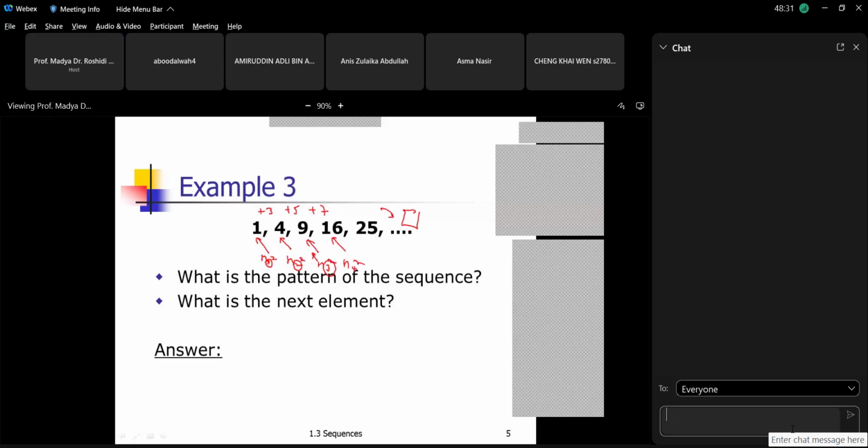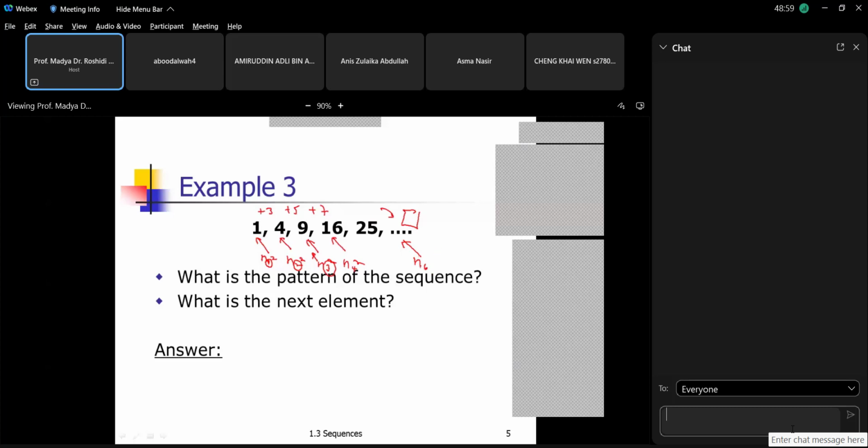So once we put N1, this one, to the power of 2, or 1 squared, the value that we get is 1. Here 2 squared is 4, 3 squared is 9, 4 squared is 16. So we can predict the next value here, where this location is N6.